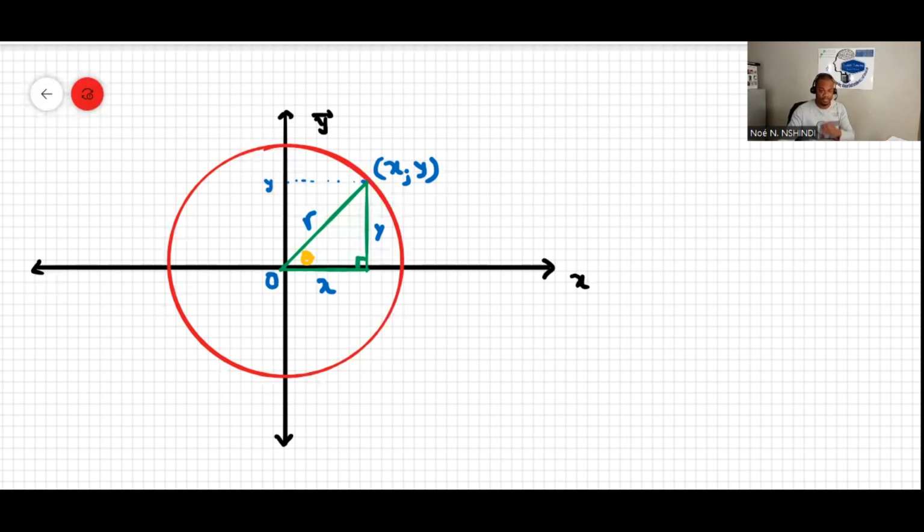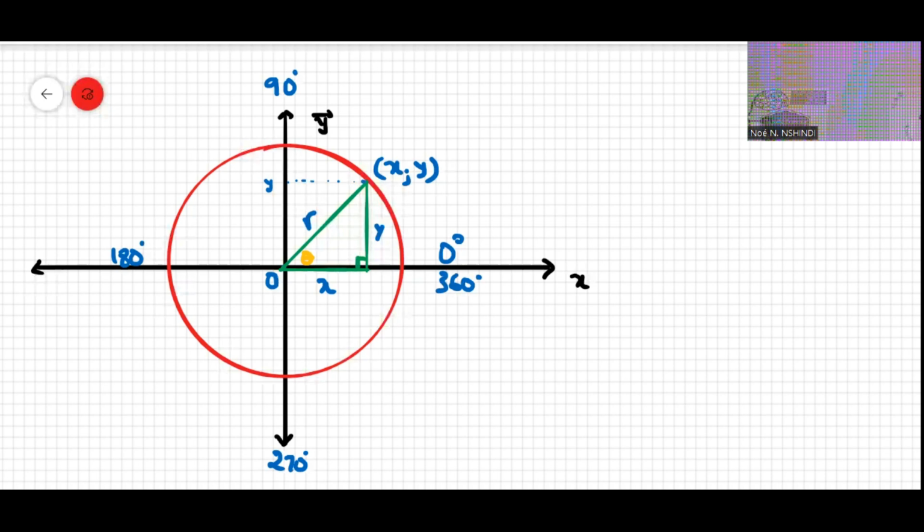Now, also note that I can label a few angles in this trig circle. Over here we have the 0 degrees angle, and then we have a 90 degrees angle, and that's 180 degrees, and that's 270 degrees, and then back again to 360 degrees.